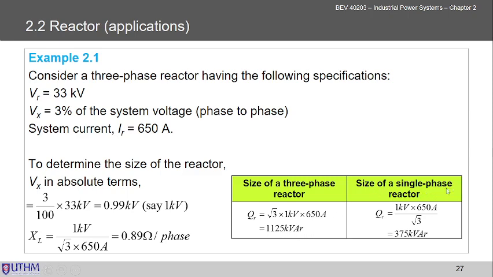For the single phase, it is that divided by 3, which is 375 kVAR. So the 3-phase size is 3 times the single-phase size: 1125 is equal to 3 times 375.